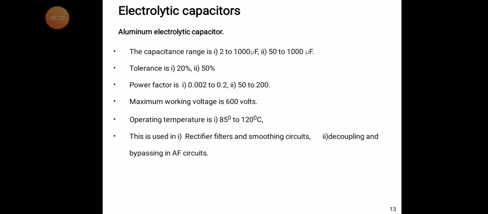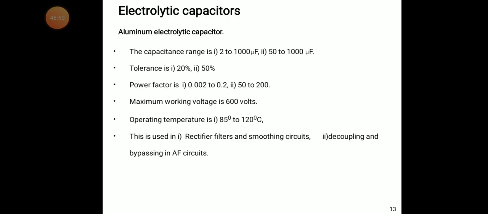The tolerance is in the 20% range, 50% is also there. The power factors are 0.02 to 0.2, 50 to 200. Generally the maximum working voltage is 600 volts for these electrolytic capacitors, and the temperature is 85 degrees centigrade to 120 degrees centigrade.